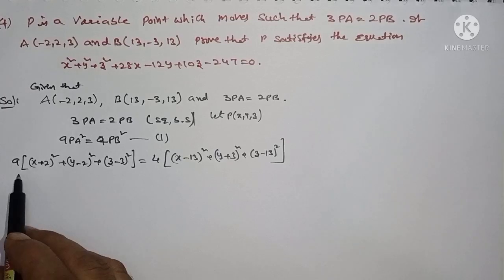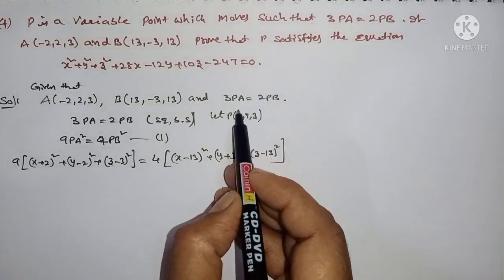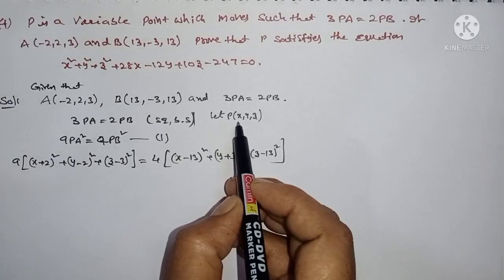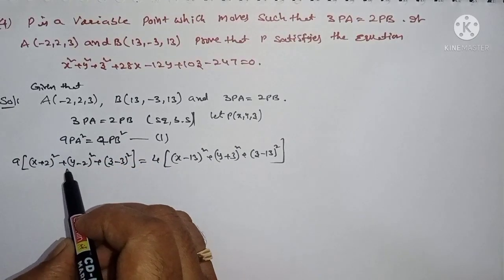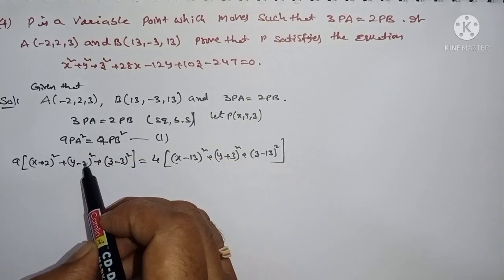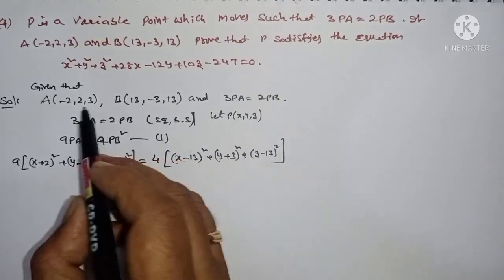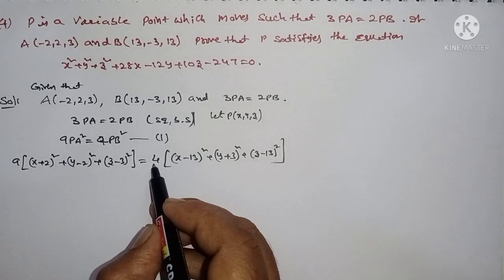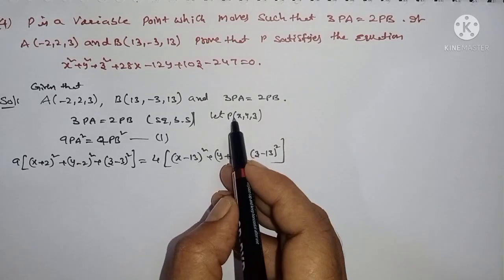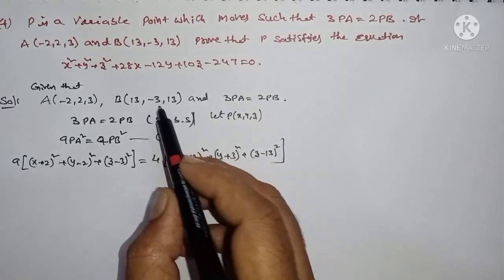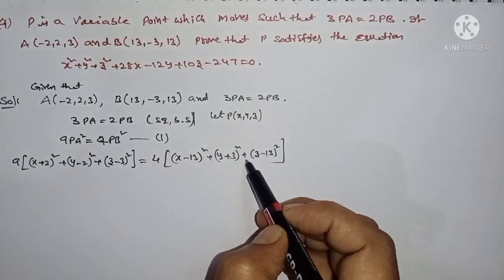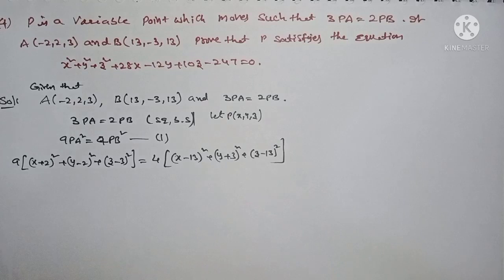First is 9 times PA square, the distance between P and A: (x plus 2) whole square plus (y minus 2) whole square plus (z minus 3) whole square. 4 into PB square is (x minus 13) whole square plus (y plus 3) whole square plus (z minus 13) whole square.